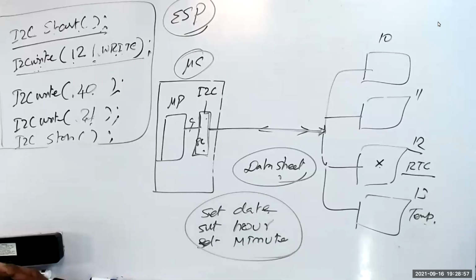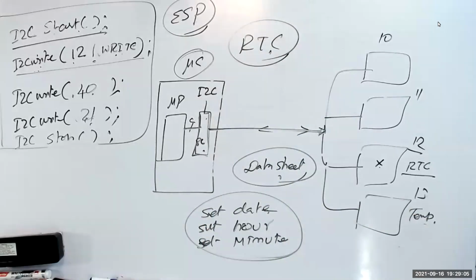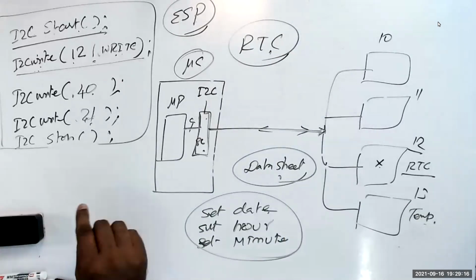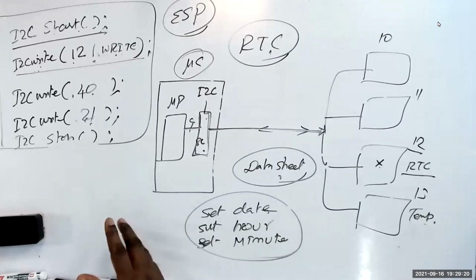The clock and watch you have is called RTC, a real-time clock. Here they call it a chip. In your clock, how do you set the time? If you buy any digital clock, you will press the buttons and set date, hour and minute. Then it will start running.